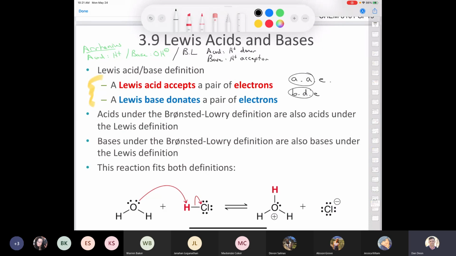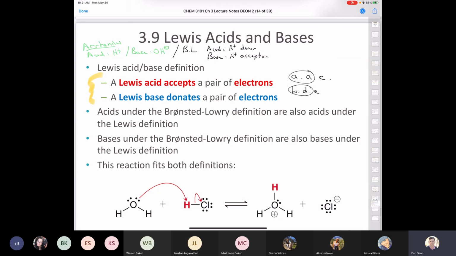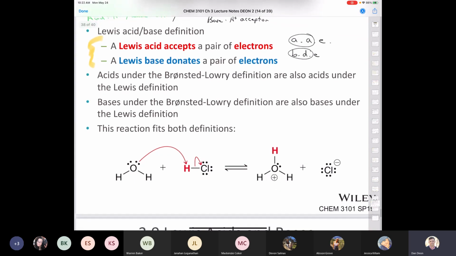But what's cool about this is that acids that fall under the Bronsted-Lowry definition, everything that we've looked at today up until right this second, also fall under the Lewis acid-base definition. Bases under the Bronsted-Lowry definition are also bases under the Lewis definition. So again, the Lewis definition just serves to broaden the definition of an acid and a base.